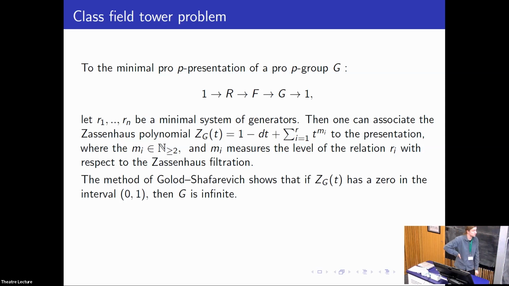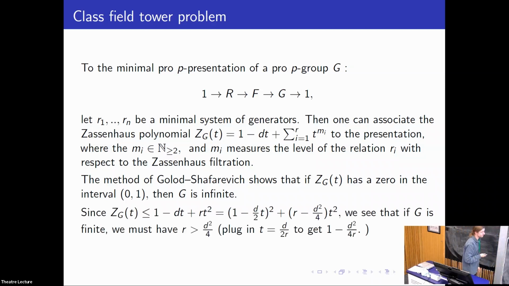Then what Golod-Shafarevich show is that if this polynomial has a zero in the open interval from 0 to 1, then G is infinite. That's the Golod-Shafarevich theorem, maybe upgraded by Koch or Vinberg, but that's the gist of what they do. From this, you can derive conditions involving d and r which tell you when G must be infinite. For example, you can compare this Sassenhaus polynomial with the polynomial 1 minus dt plus rt squared.